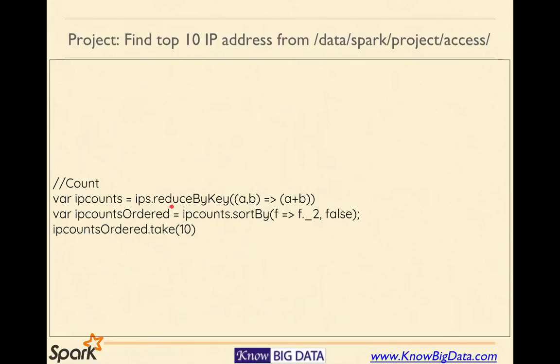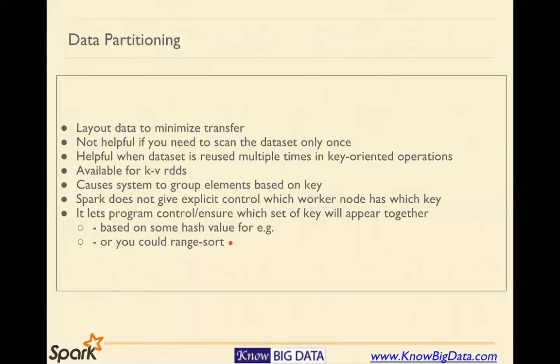Once that's done, we can sort the data by the second argument, which is the number of times each IP address exists. Also, after reduce by key itself, we could say take ordered, and combine these two together. So feel free to experiment, because sorting and take ordered can be combined.